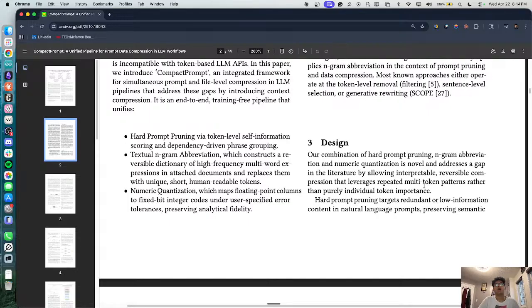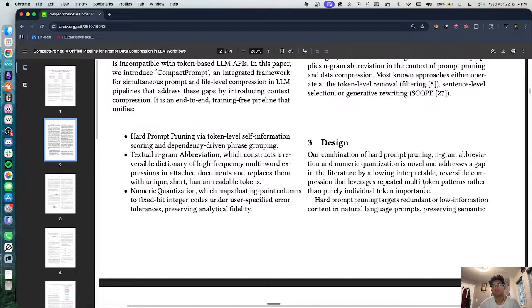When it sees all of these coming up together so many times, it will abbreviate them into a human readable abbreviation. In the case of interest expense, it'll abbreviate it to IE. Or in the case of National Basketball Association, even in natural language, we call it NBA. So it will do these things automatically for us to reduce the amount of tokens that we have.